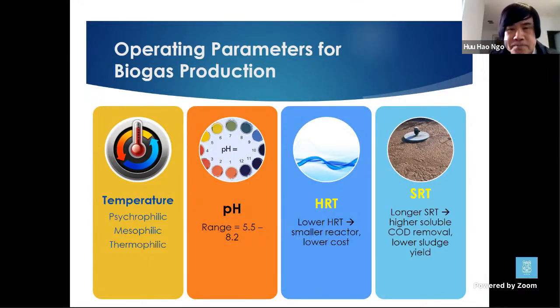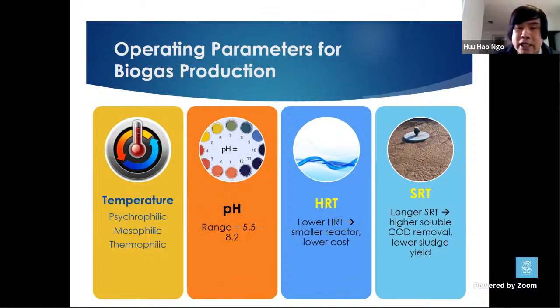The pH range is about 5.5 to 8.2, so that's all right. With lower HRT, we will have a smaller reactor, of course, because HRT equals V divided by Q. So if the HRT is higher, the volume is of course bigger. With a longer sludge retention time, we will have a lower sludge yield.